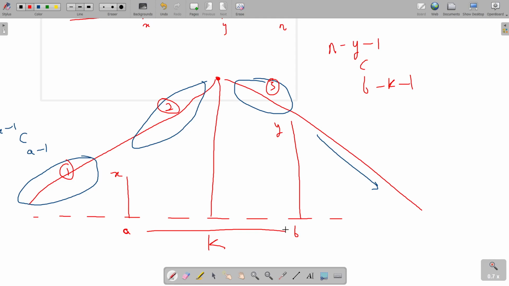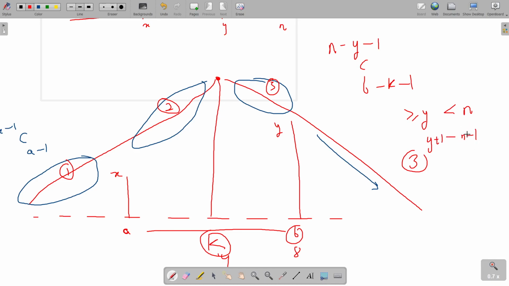For an example, suppose k was 4 and b was 8. So we need 8 minus 4 minus 1, which is 3 values for the index 5, 6, and 7. And these values must be greater than or equal to y, and they must be less than n. So basically they should be in the range of y plus 1 and n minus 1.